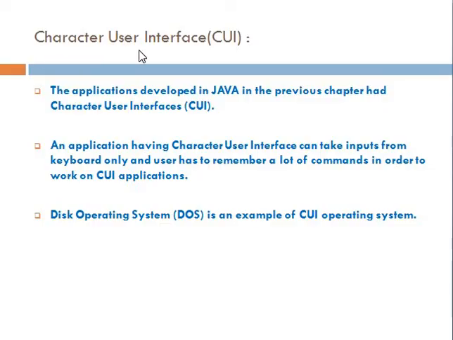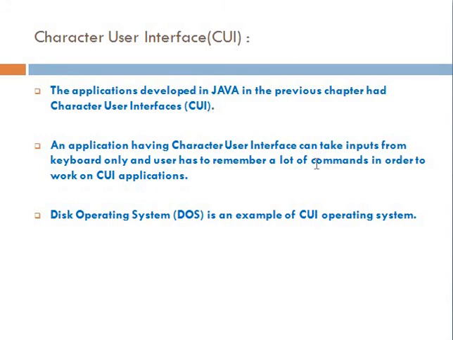So let's start with the character user interface, or CUI in short. The applications developed in Java in the previous chapter had the character user interfaces. And the applications developed using the character user interfaces do not make use of the graphical controls.